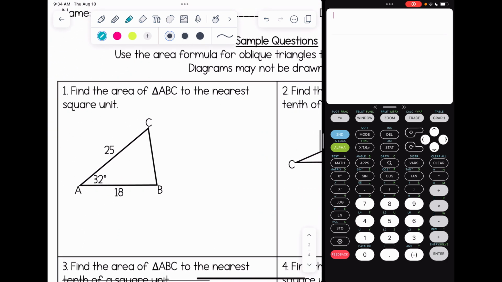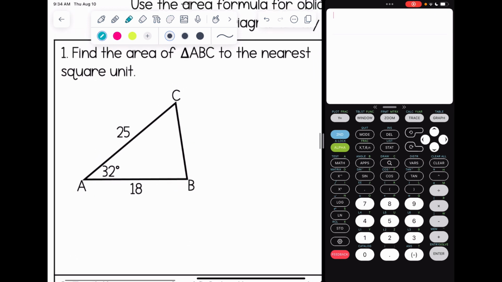Let's look at number 1. Find the area of triangle ABC to the nearest square unit. I'm going to do this the long way first, and then I'll show you the shortcut towards the end. Triangle ABC is not a right triangle.